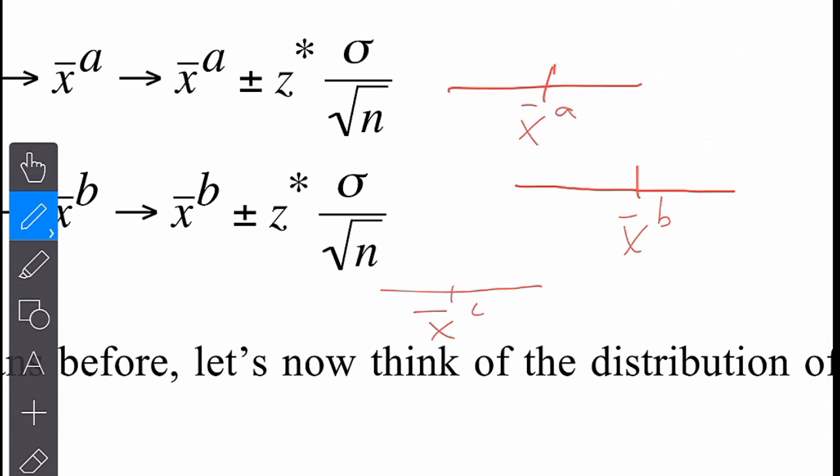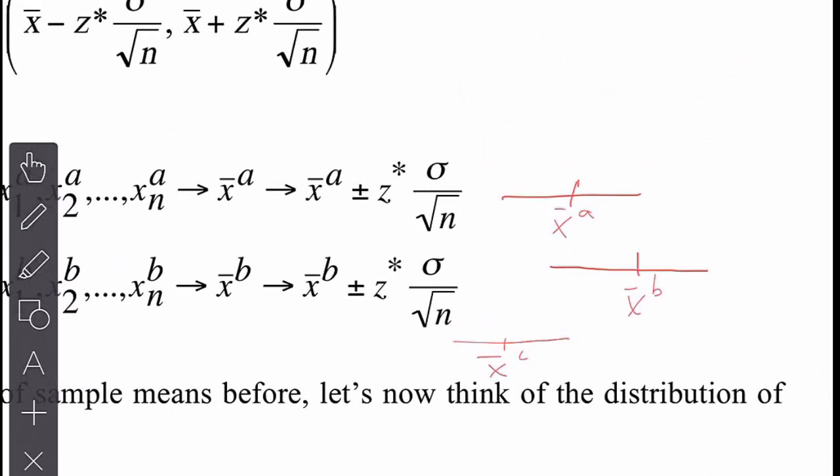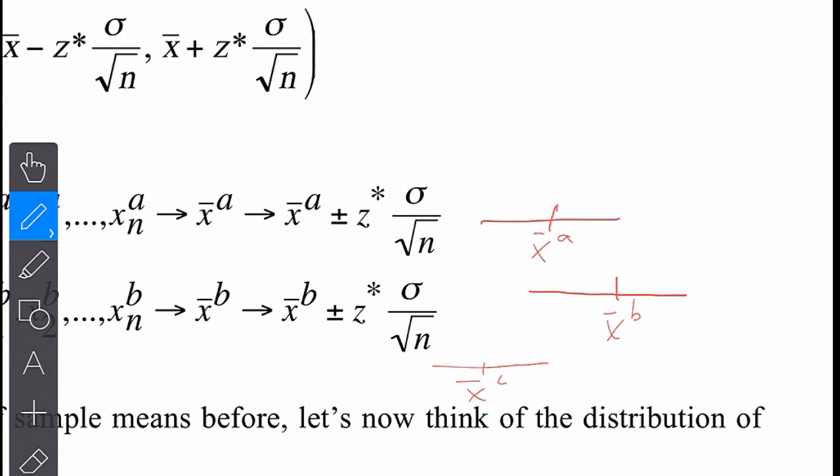And so what's going to happen is, imagine all possible samples, all possible intervals. So let's say there's even more. And then there's one here, same length. That's X bar D, okay?